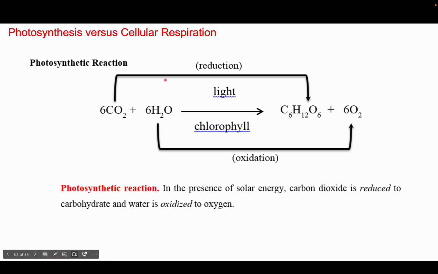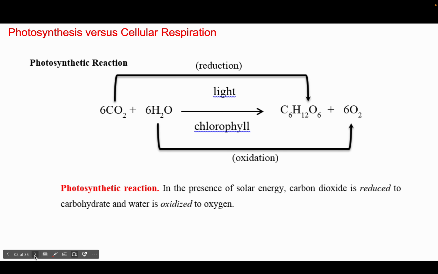So carbon dioxide is reduced to glucose, while water undergoes oxidation, which is the opposite of reduction, where electrons are lost. Okay, electrons are donated from the donor molecule to a recipient molecule. Okay. So I mentioned this already that there should be two important requirements present: solar energy and chlorophyll.